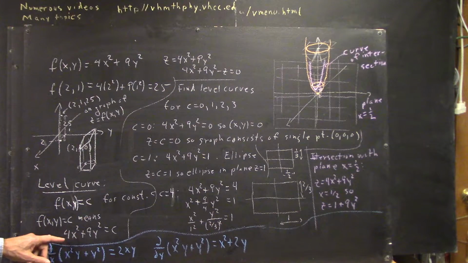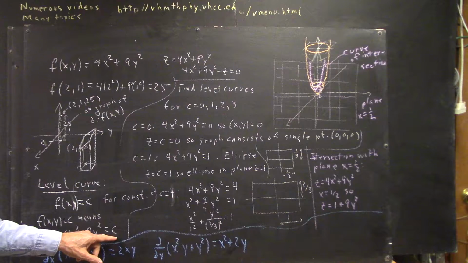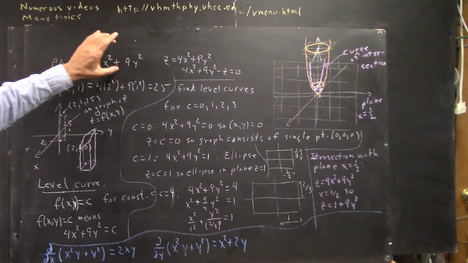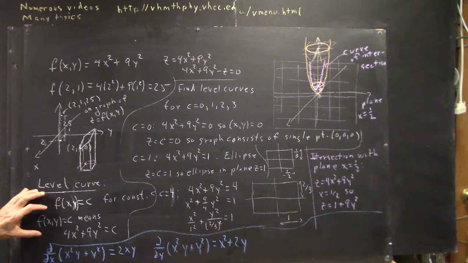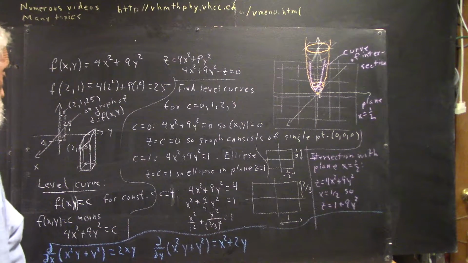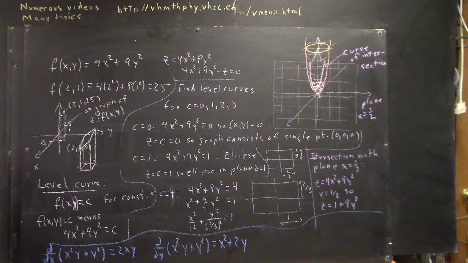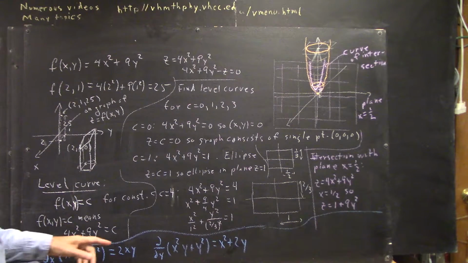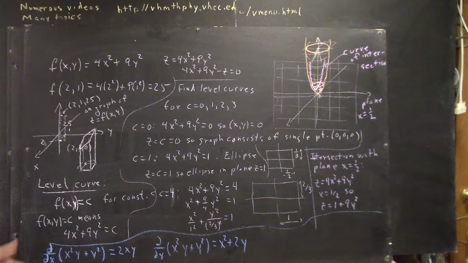F of x, y is 4x squared plus 9y squared. So f of x, y equals c means 4x squared plus 9y squared equals c. Okay? Now we can investigate what happens to these level curves as we change the value of c.